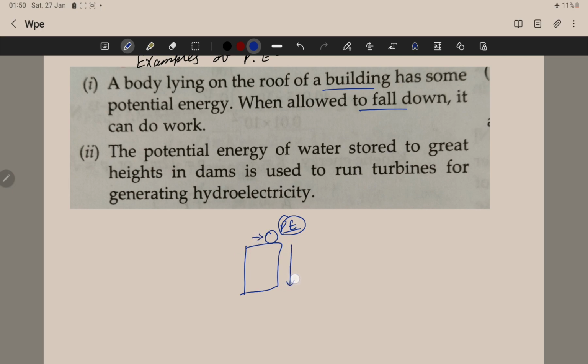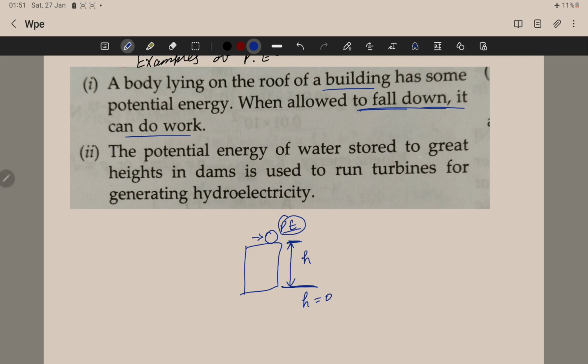We take the ground as height zero, and here the height is h. When we allow it to fall down, it can do some work, because of the potential energy stored due to its position.